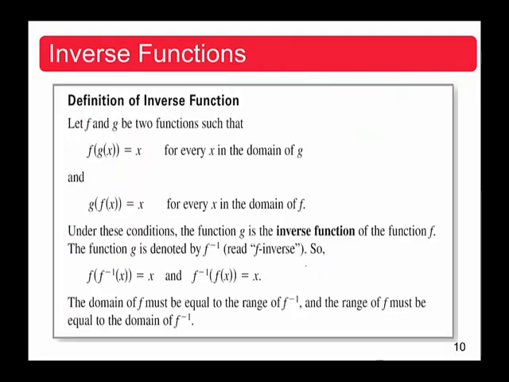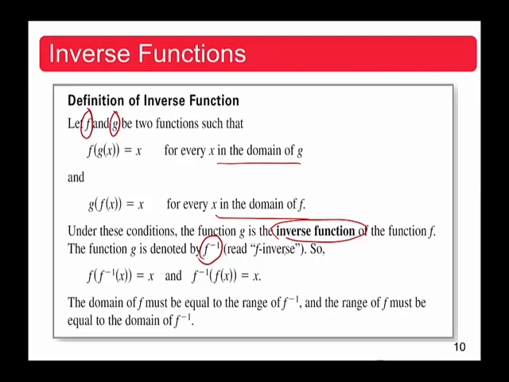So f and g are two functions such that f composed with g is x, and g composed with f is x, for every x in the domain of g and every x in the domain of f. Under these conditions, function g is the inverse function of f, and g is denoted by f inverse, f with a -1 power in the top right-hand corner.